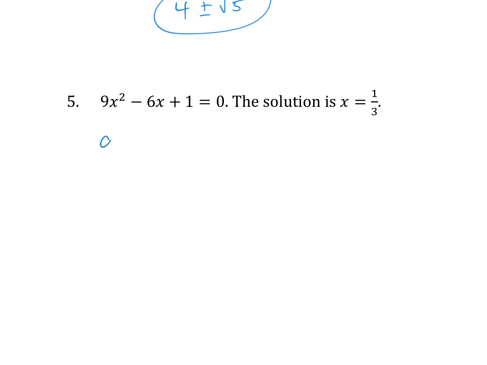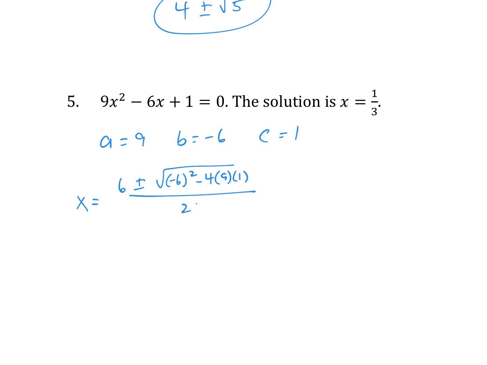So A is 9, B is negative 6, C is equal to 1. So we have x is equal to 6 plus or minus the square root of negative 6 squared minus 4 times 9 times 1, all over 2 times 9. 6 plus or minus the square root of 36 minus 36, all over 18.